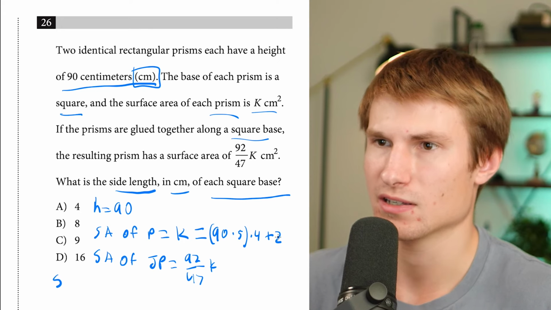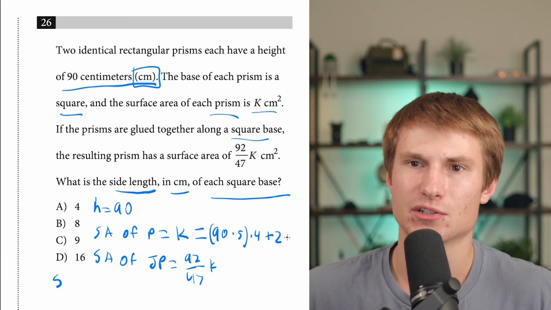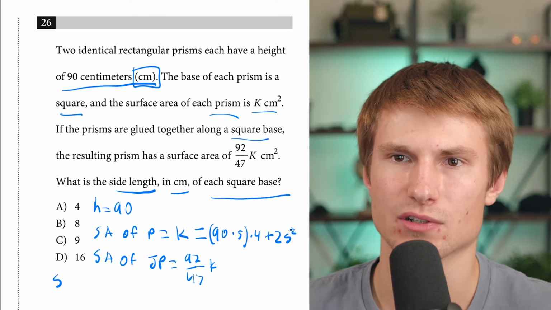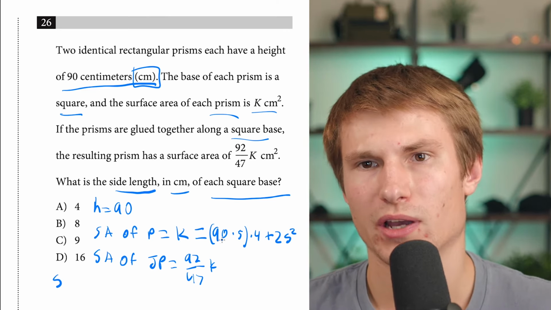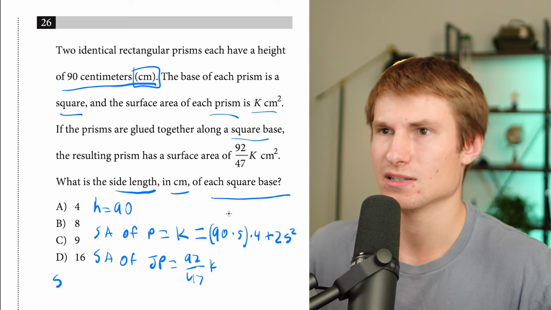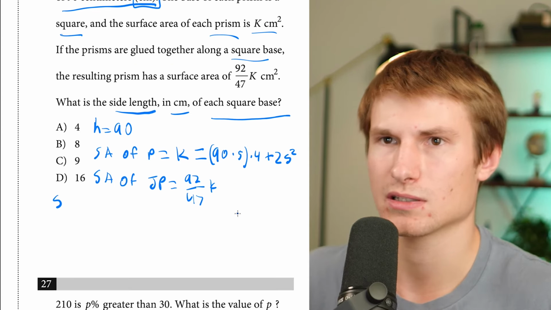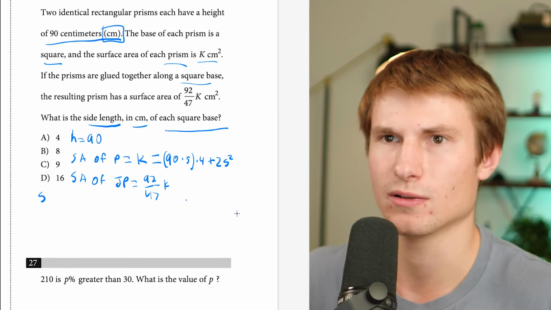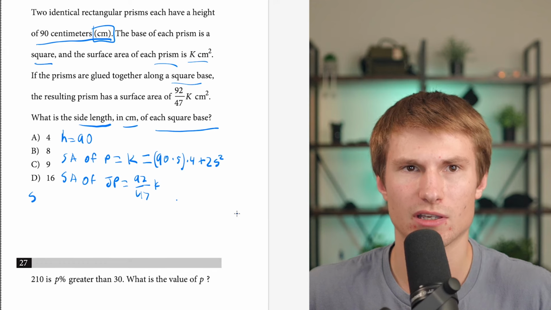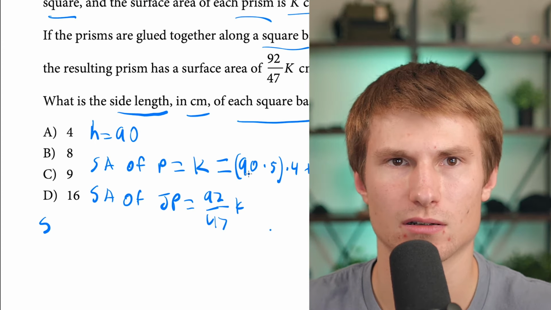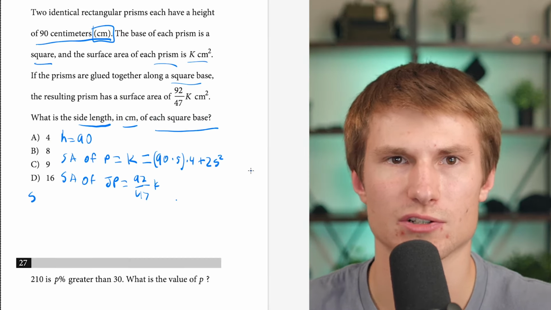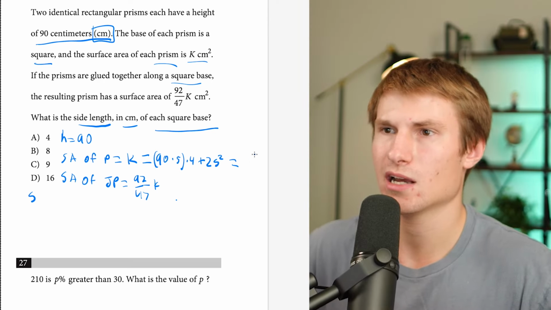We have 2 faces on a prism, so that would be 2 times S squared. S squared is the surface area of a square. From here, let's go ahead and simplify this down. Let me zoom out and then zoom in right here. Okay, I'll just leave it like this. All right, so 90 times S, that's 90S.